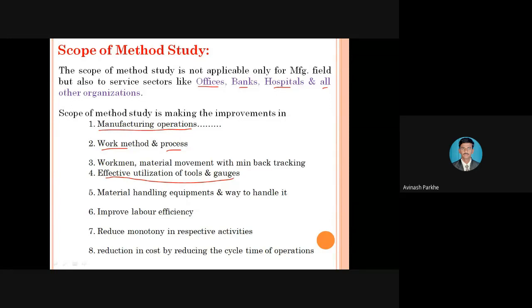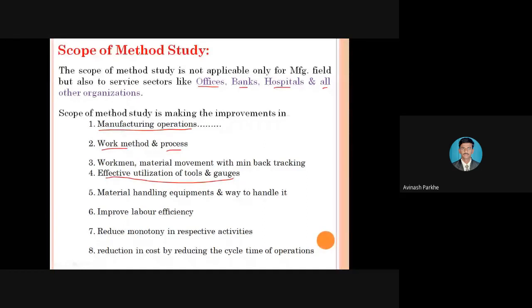That means your workstation is designed so that whatever tools and gauges are present, we provide them near that particular workstation only. For measurement and inspection purposes, if the worker has to travel a maximum distance to take the gauges, then automatically your production time will increase. Therefore, whatever additional equipment, tools and measuring devices are required, all such devices should be provided near that particular workstation, so that the worker can easily handle those tools and gauges in an effective manner.